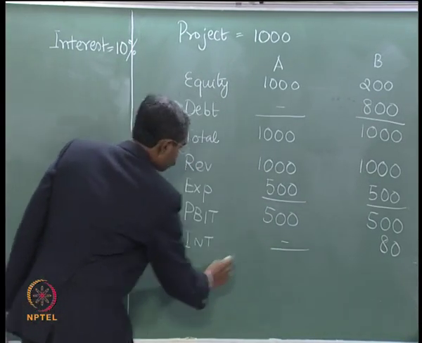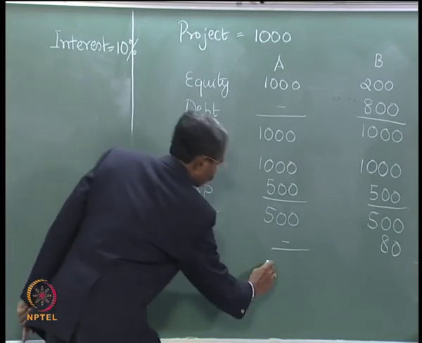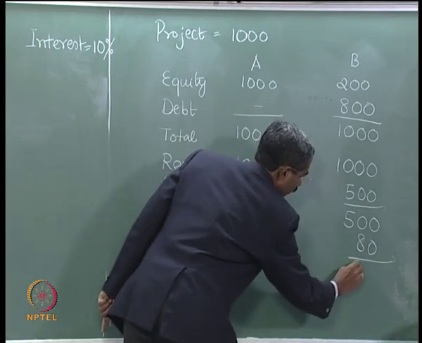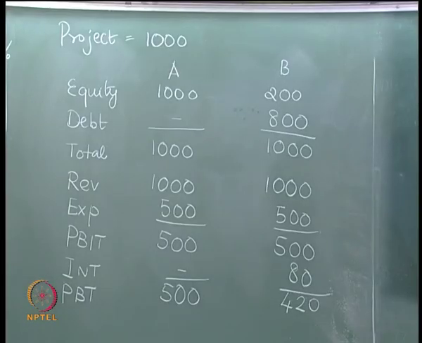So, this leads to a profit before tax of 500 in the case of company A and 420 in the case of company B.